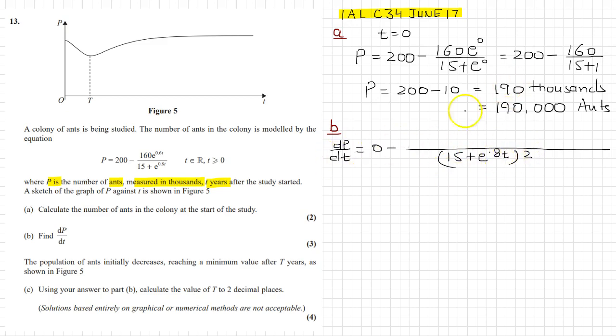What I do in the division is I just write it here, so not to get any kind of confusion. So 15 plus e to the power 0.8t.